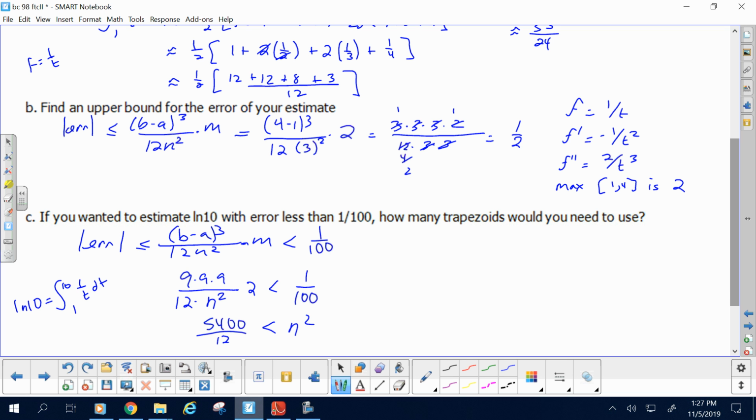What do you get? Oh, not 27, dummy. Oh, that's why I made a mistake. 729 times 2. Oh, this is not something mental. Give me your decimal. It's not 5,400. Sorry, that's stupid. I was thinking 3 cubed, not 9 cubed.